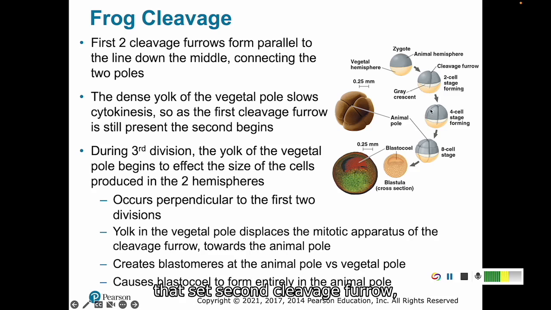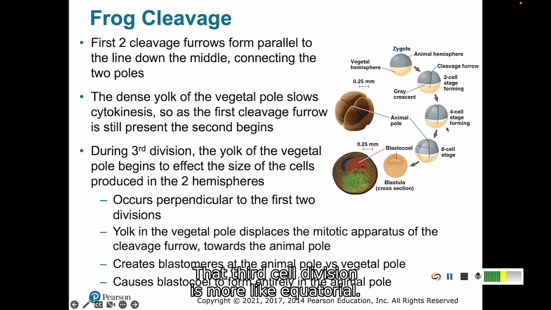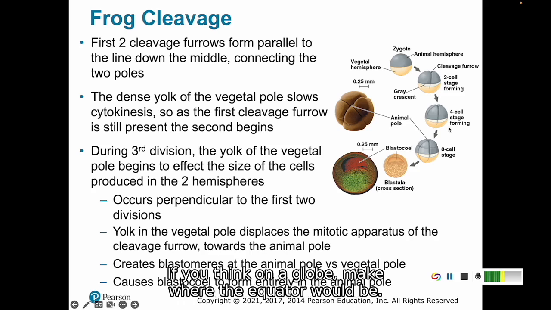That second cleavage furrow just twists it on its axis, but it's still going from pole to pole, and will still slow down. That third cell division is more like equatorial, if you think on a globe, where the equator would be.